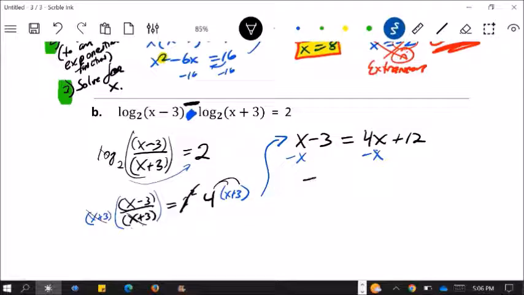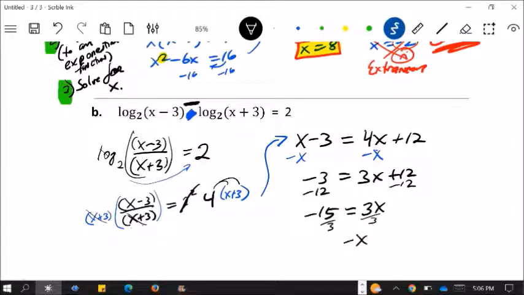And so I get negative 3 equals 3x plus 12. I have to get the numbers together, so I might as well subtract for that one. And that gives me negative 15 equals 3x. Oh, but this now becomes a pretty easy answer. Let's divide by 3. So x is equal to negative 5.